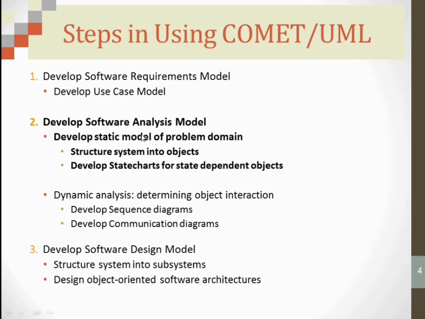In analysis modeling, we have two steps. The first step is developing the static model, and the second step is developing the dynamic model. So in the static model, we just study the structure of the system, the objects, the external devices, also the interaction between these classes and devices.